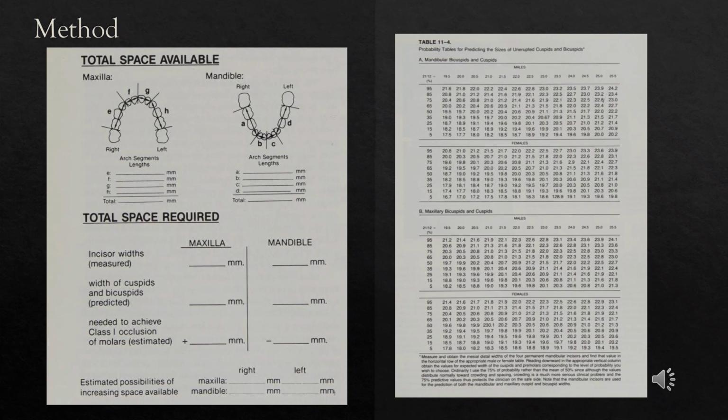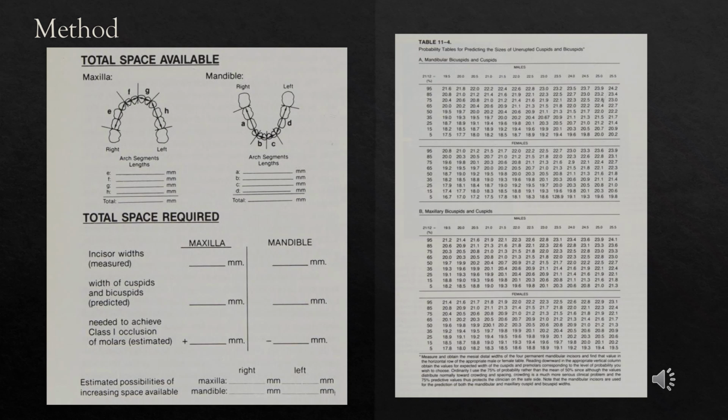The third step is to calculate the arch space available. Measure the existing arch space from the mesial surface of the permanent first molar on one side to the mesial surface of the permanent first molar on the opposite side, passing over the primary molars and canine.